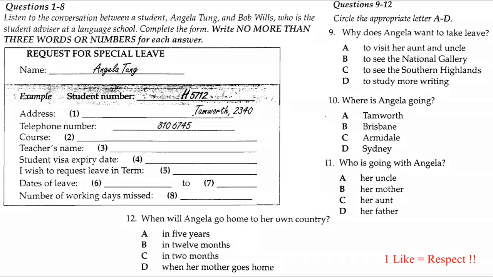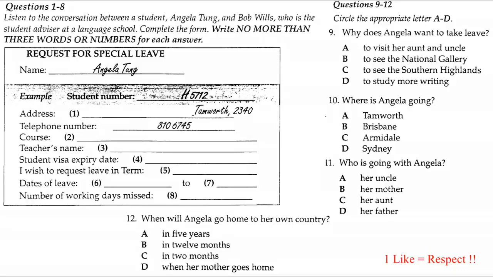Hello, Foreign Student Advisor's Office. This is Bob Wills speaking. Can I help you? It's Angela Tung here, Bob. I'd like to make a request for special leave. Can I do that over the phone? Hello, Angela. You can make that request by phone, but I'll have to fill the form out. Let me get the special leave form. OK, here it is.